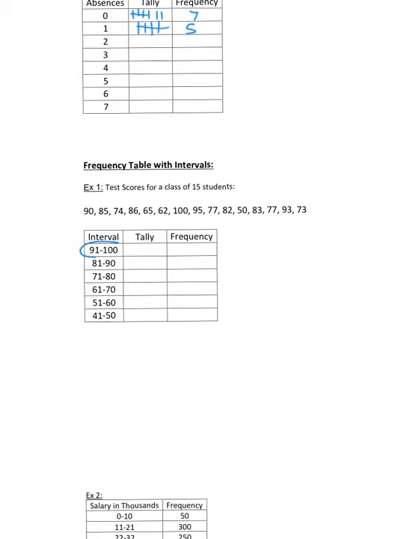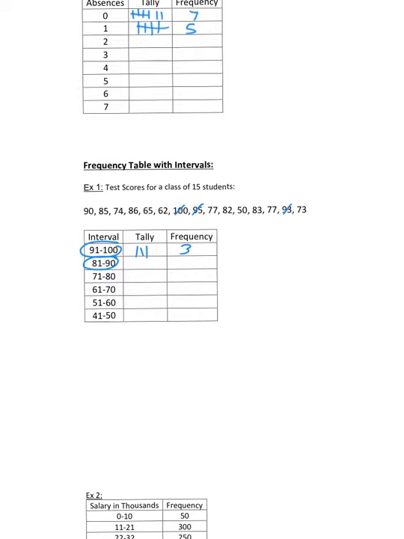So 91 to 100 is 10 numbers, and so the next interval has to also cover 10 numbers, etc. So you would see, okay, how many people scored from 91 to 100? So I have 1, 2, 3, I think that's it, 3. So you would do 3 for your tally and 3 for your frequency. And you would go on from there.